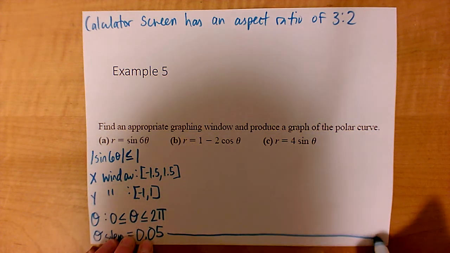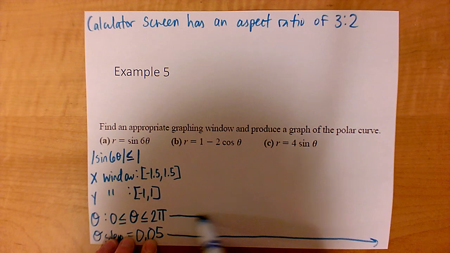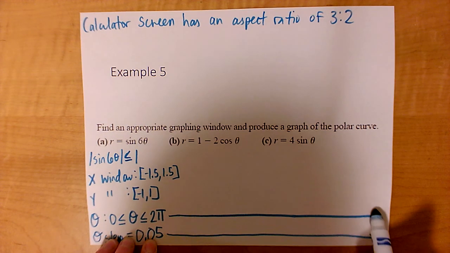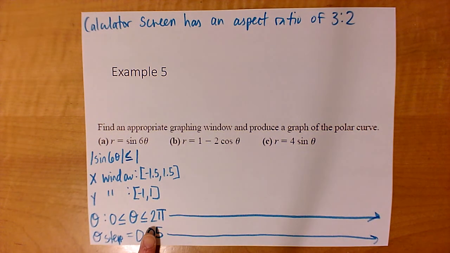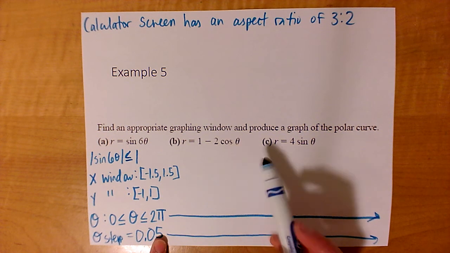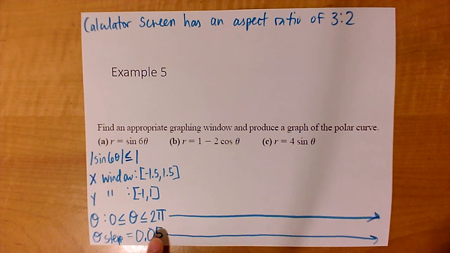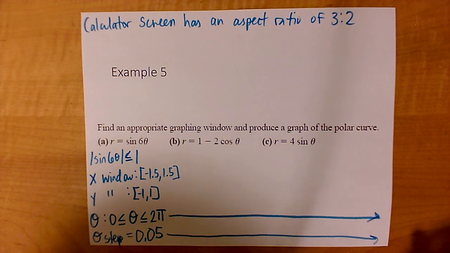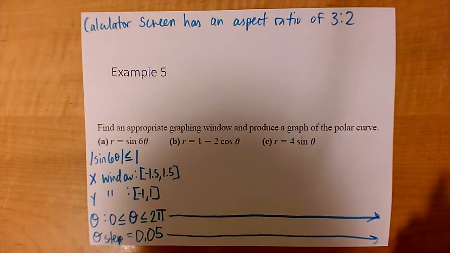So we'll keep this step for all of these examples, and we'll actually use the same range on theta for all of these examples. The reason we can use the same range on theta is because all of our functions, sine and cosine, have their typical range to get a full revolution from 0 to 2 pi.